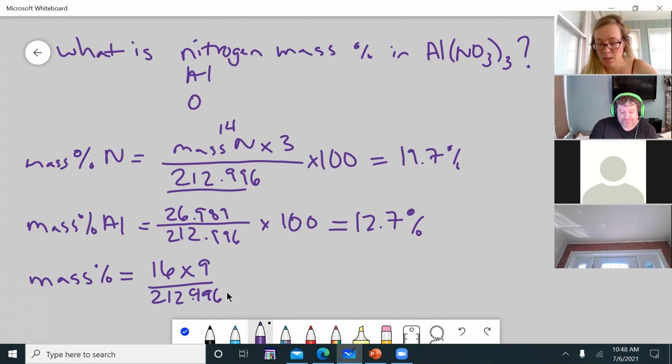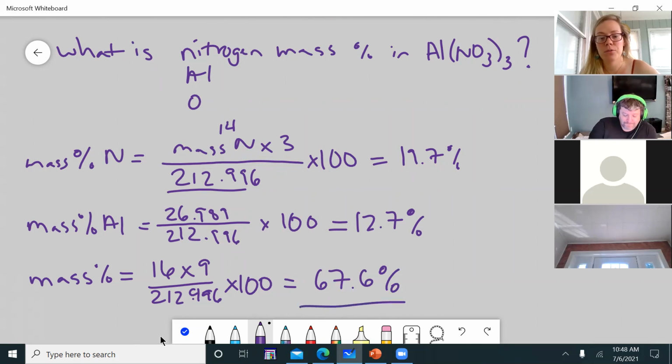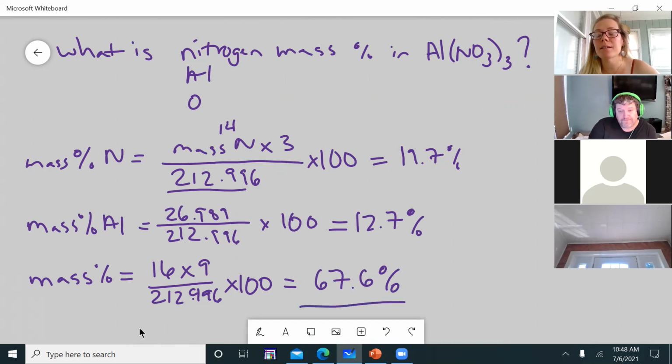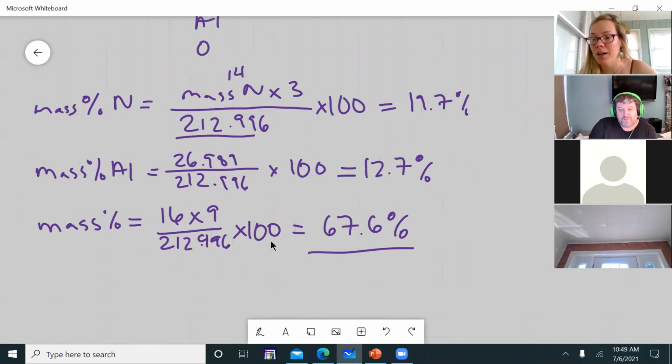All right, looking good. It looks like it's a pretty big chunk, 144 for that top value, divided by the 212.996. Oh, we want to multiply it by 100 too. And I get 67.6%. All right, let's go through and check and make sure we get, it doesn't have to be exact, but let's get close to 100%, right?